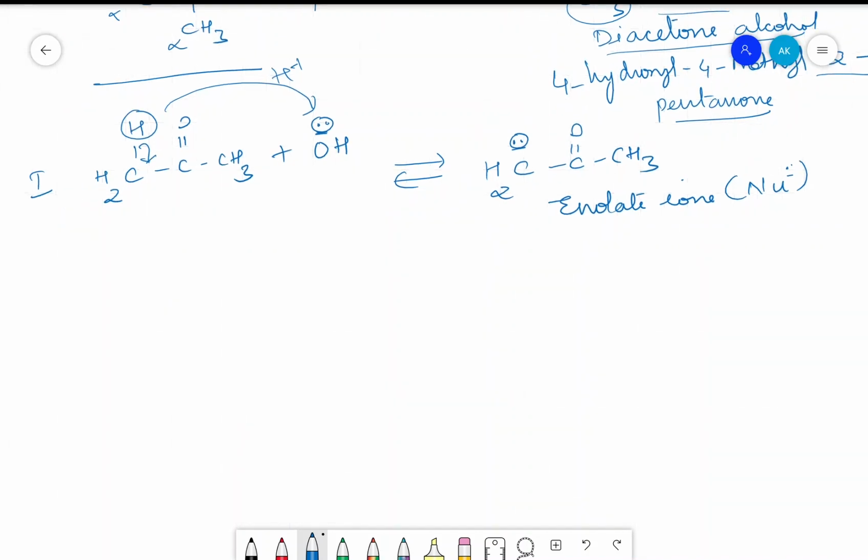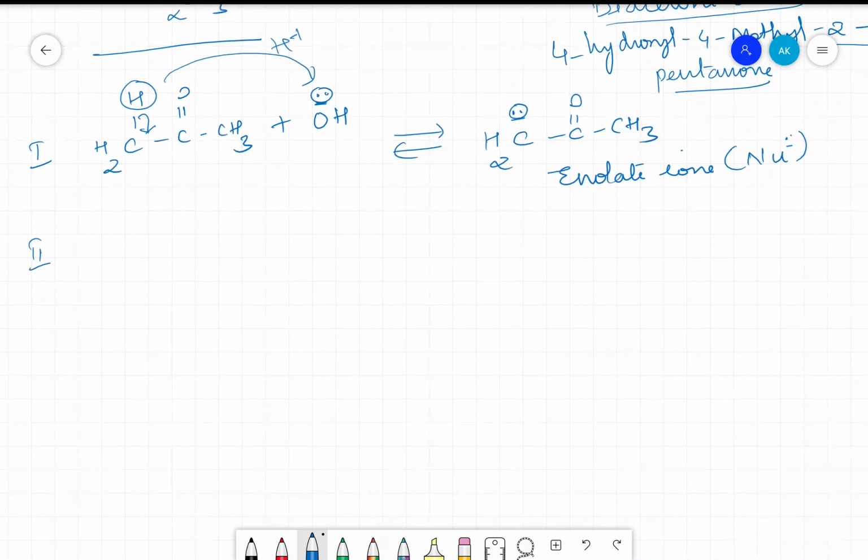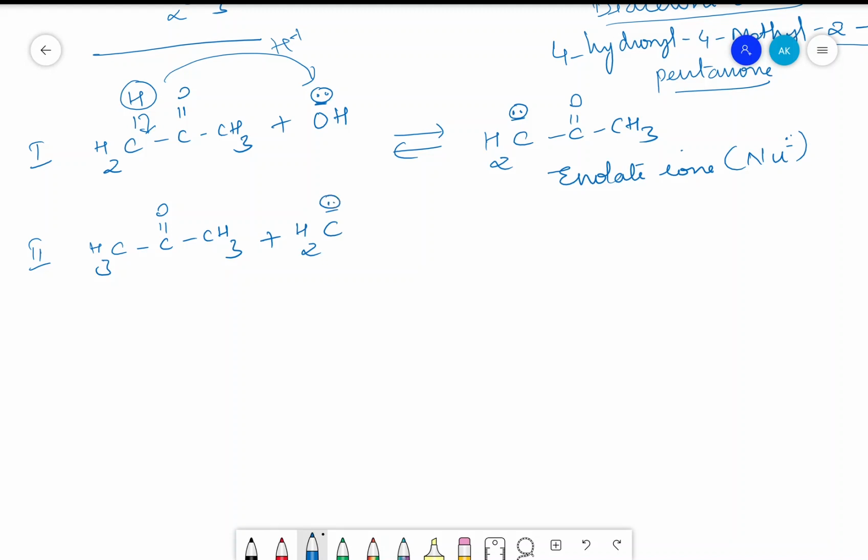The second step will be another group, that is CH3 C double bond O CH3, which combines with the enolate ion containing a negative charge, C double bond O CH3. This shifts here, partially negative, partially positive, reversible.